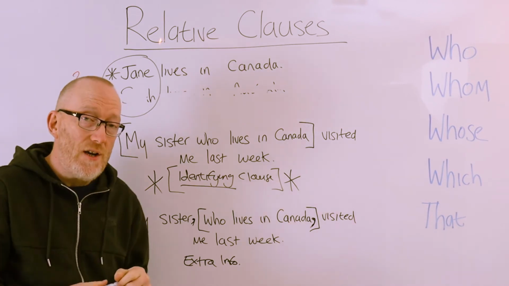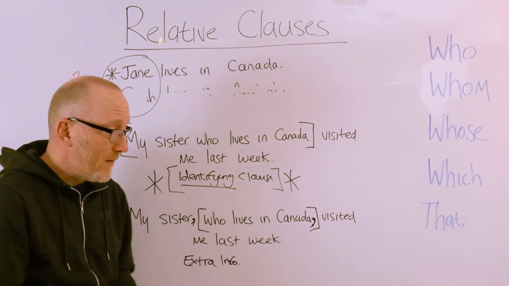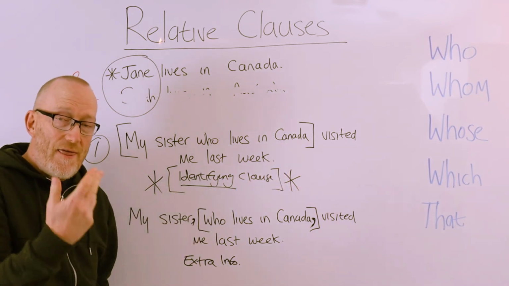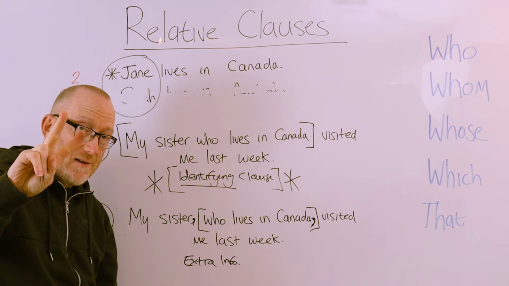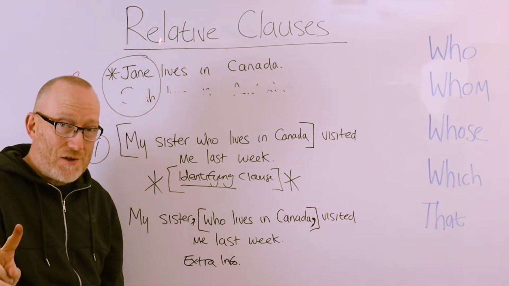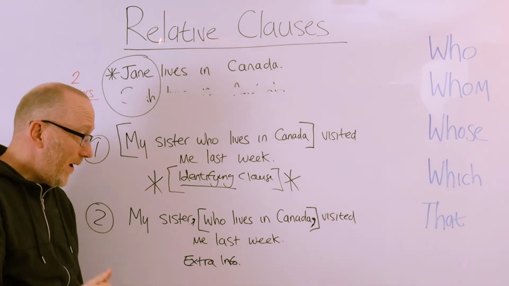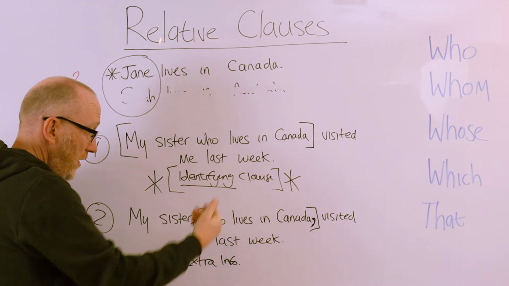It's not information that is necessary for understanding the sentence. In the first scenario, my sister who lives in Canada, that is information that is necessary because there are two sisters. One in Canada, one in Australia. In scenario number 2, there's only one sister, so we do not need extra identifying information.